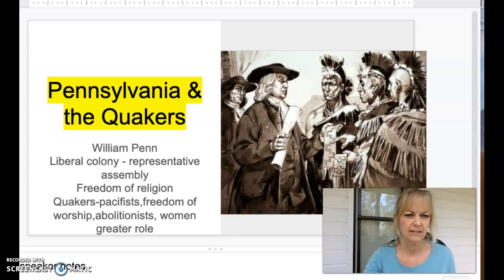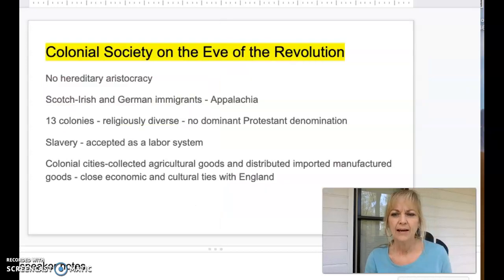Okay, even though you did have rich and poor in the colonial societies, when we get closer into the 1700s, it wasn't a hereditary aristocracy like it was in Europe. So there was still lots of economic opportunity. And so you're going to see immigration, particularly from the Scotch-Irish and the Germans.